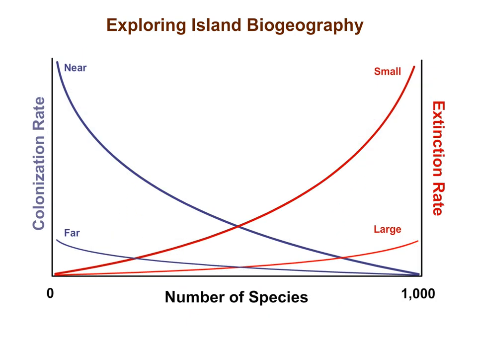Notice that the equilibrium number of species is different for islands of different sizes and distances from the mainland, and that species richness can be predicted if the shape of the immigration and extinction curves is known. This figure encapsulates the ideas of the theory of island biogeography. MacArthur and Wilson formally developed this theory in 1967.